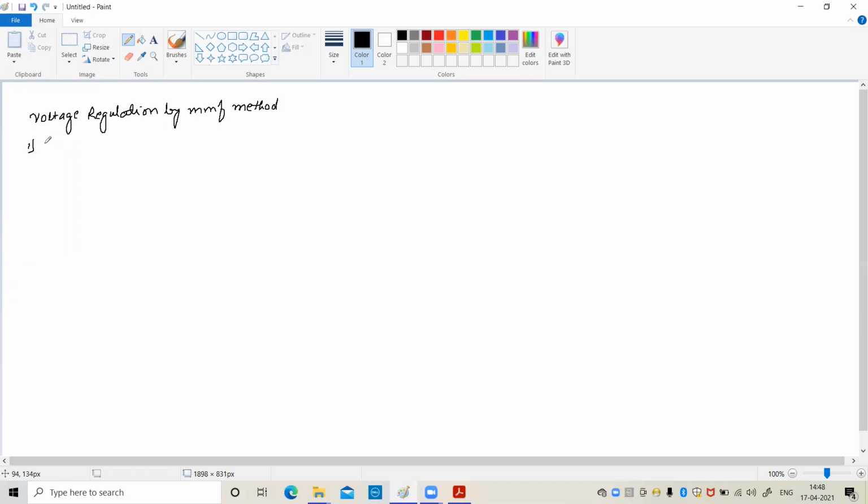Step number 1: plot the OCC and SCC, the open circuit characteristic and short circuit characteristic, from the practical data. So in the practical data, we will first draw the OCC and ISC.